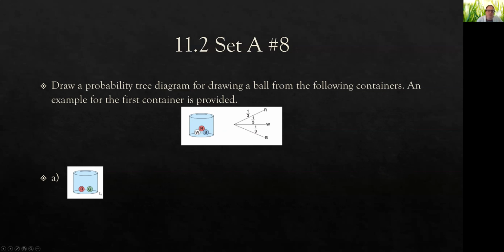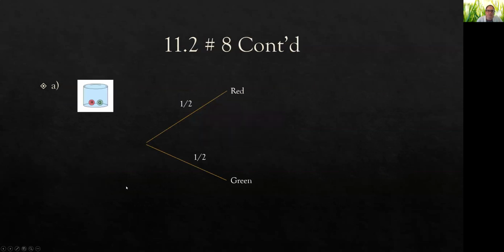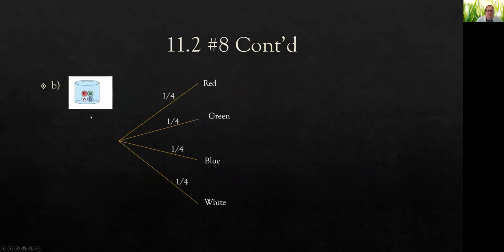And now we're going to do some ourselves. So here I see that we've got the 2 balls. One's red and one's green. So we have 2 branches, one for red and one for green. And we have a 1/2 chance of drawing a red and a 1/2 chance of drawing a green. Next, we have a container that has 4 different colors, 4 balls, 1 of each color.